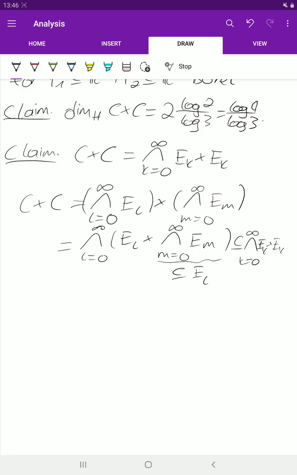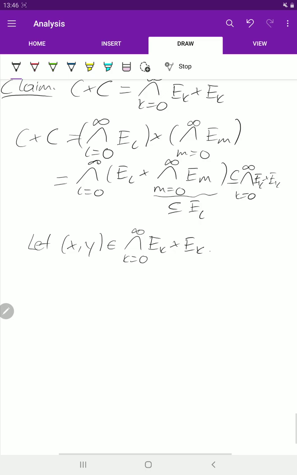So let's see. Let's say we have an element x, y in this thing here.